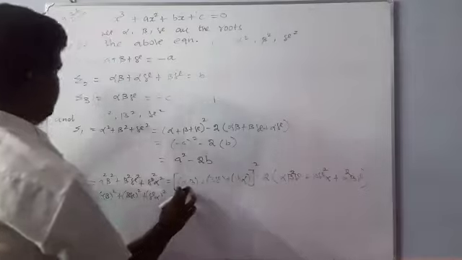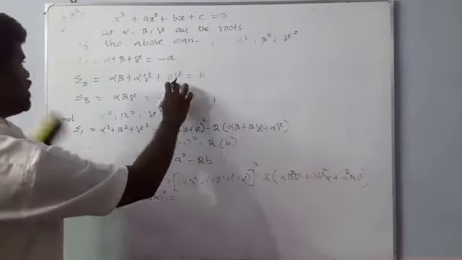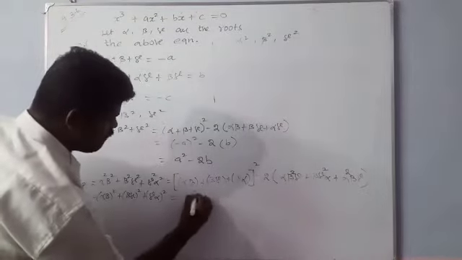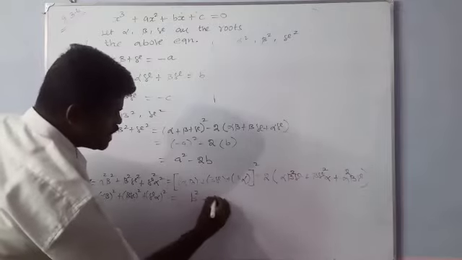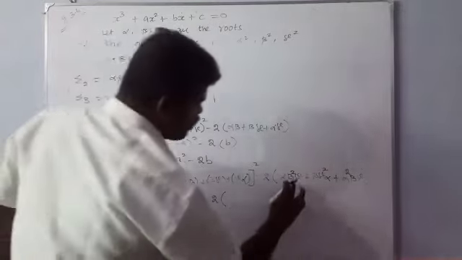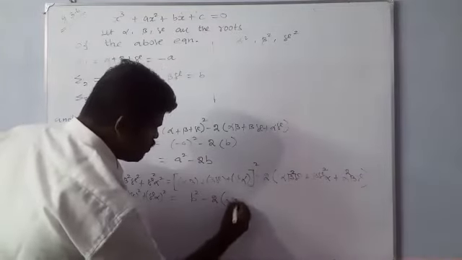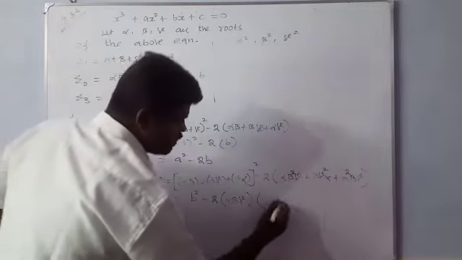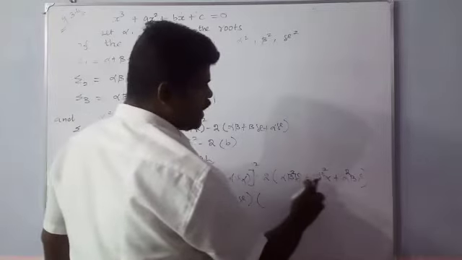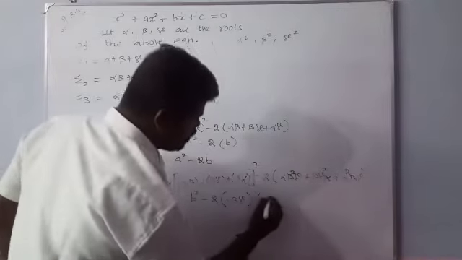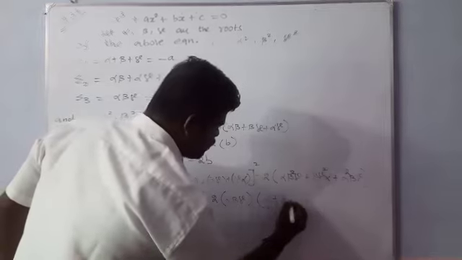Now we know that alpha beta, beta gamma, gamma alpha is here. So the value is b square minus 2 times, we have to take alpha beta gamma outside. Alpha beta gamma. What are the remaining values? Here beta, here gamma, here alpha. So alpha plus beta plus gamma.